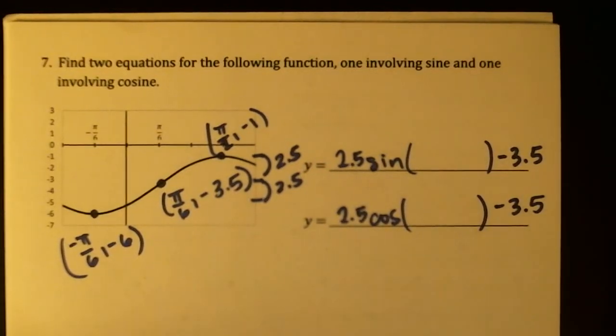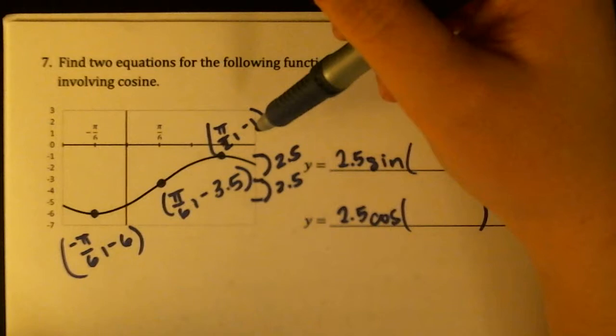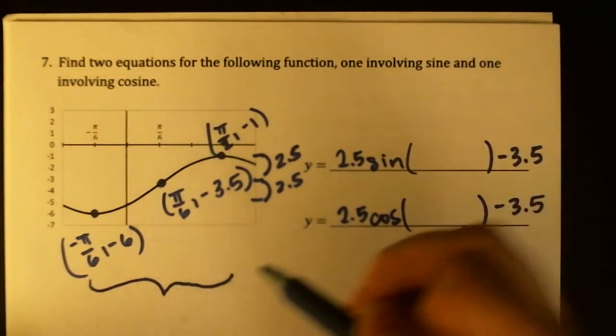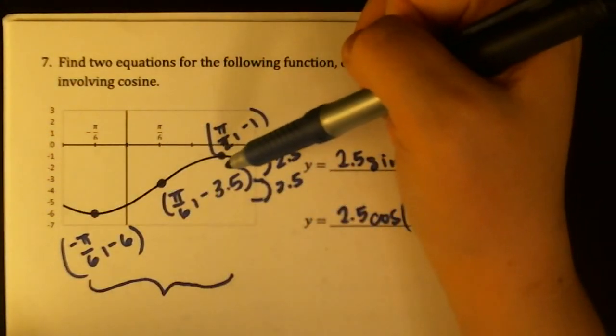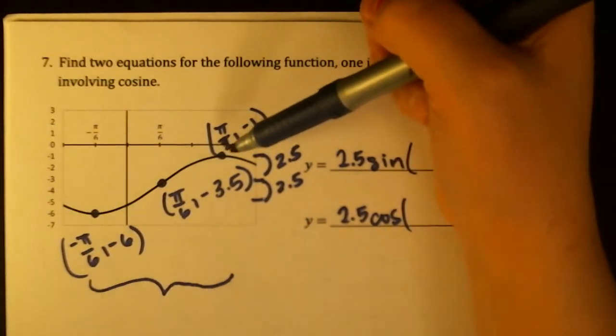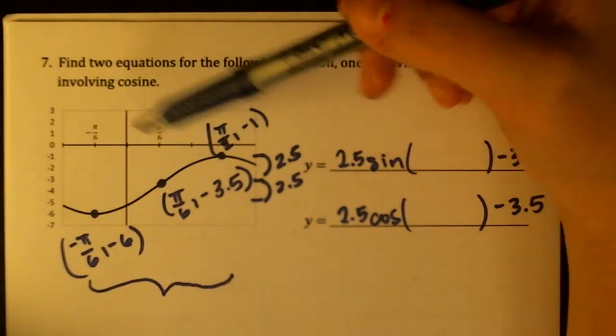And then we need to do some horizontal work. So we blocked out all the vertical stuff nicely, but we need some horizontal stuff. For one thing, I can tell that from negative pi over 6 to pi over 2, I go from minimum to maximum. So that's half a period. But this is a fairly messy one. We have to actually count these out. So the tick marks are pi over 6s.